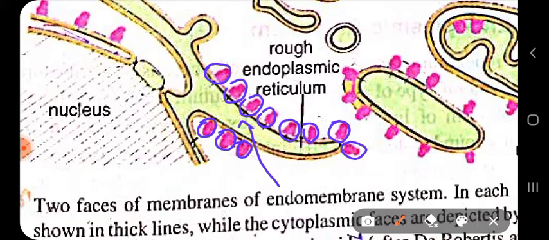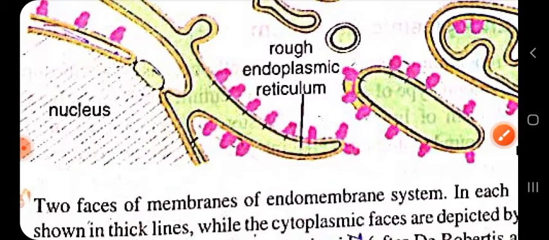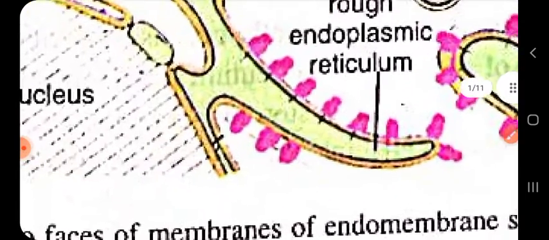The green one is your lumen, the empty space, where the proteins which are synthesized from the ribosomes are to be entered.